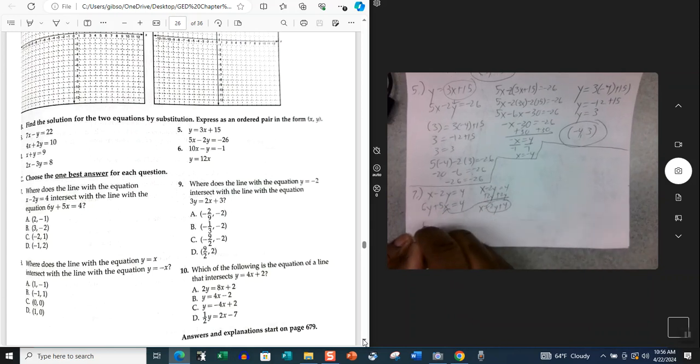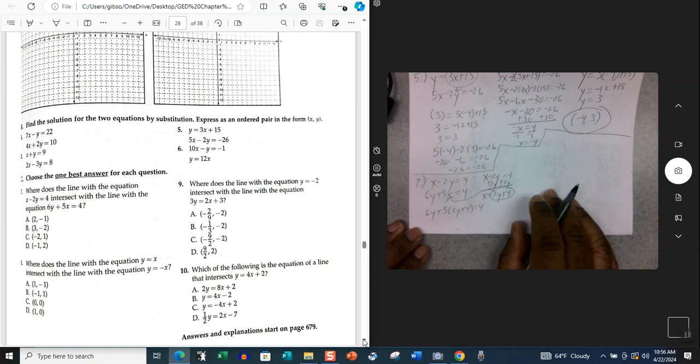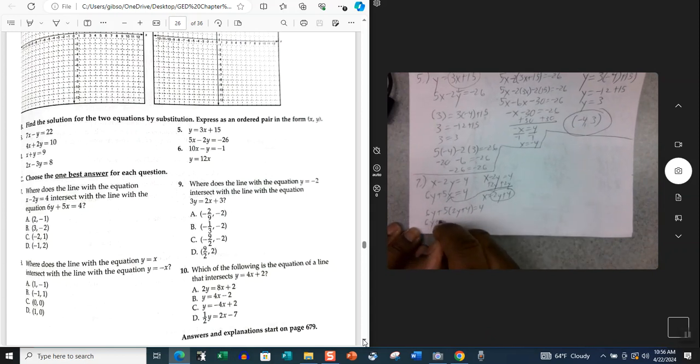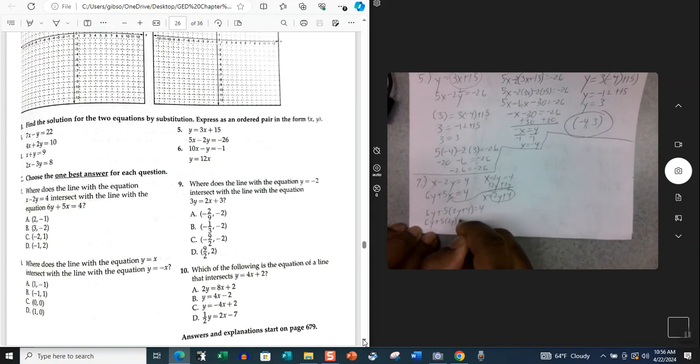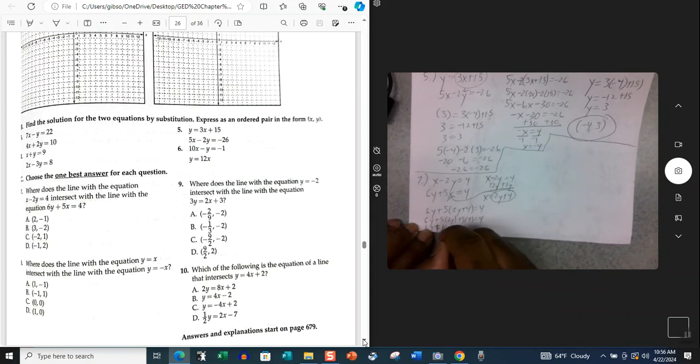So we have 6y plus 5 times (2y plus 4), and that equals 4. So you have 6y plus 5 times 2y plus 5 times 4 equals 4. So you have 6y plus 10y plus 20 equals 4.